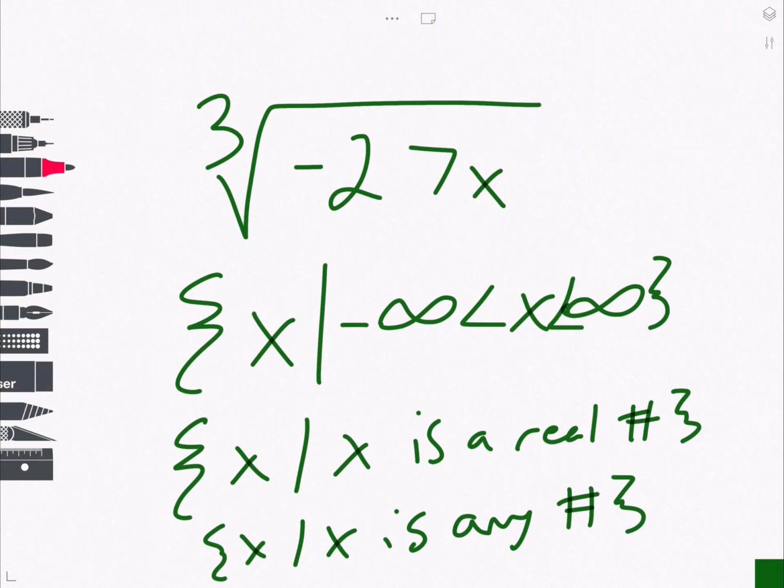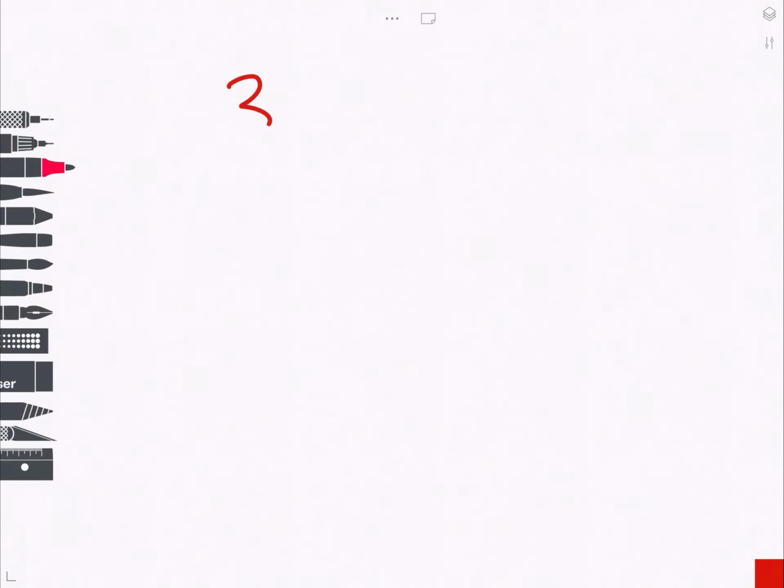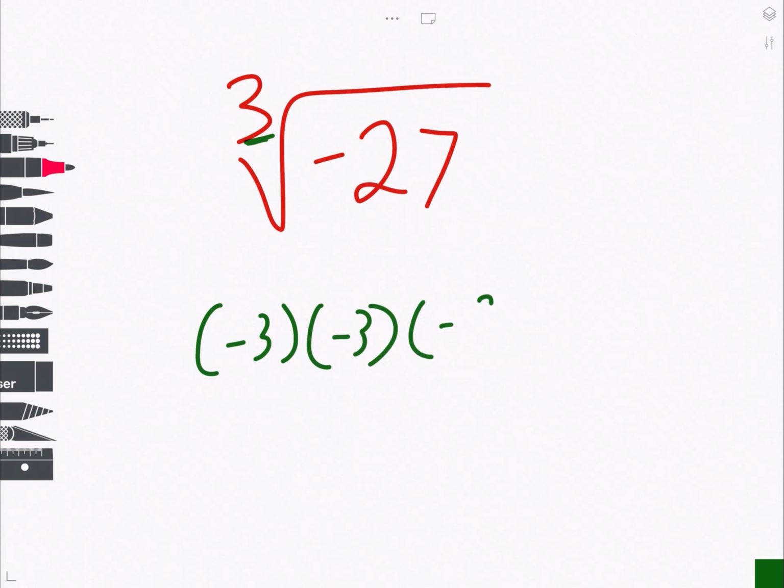Technically, it does have to be a real number, but in most cases, imaginary numbers are assumed not to be real. So let's look at why that domain is a little different. We're going to take the cubed root of negative 27. With an odd index, a cubed root, or a fifth root, or a seventh root, anything like that, you can take the root of a negative, because negative 3 times negative 3 times negative 3 is negative 27.